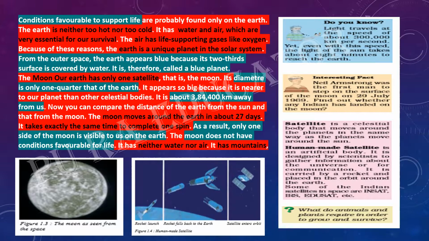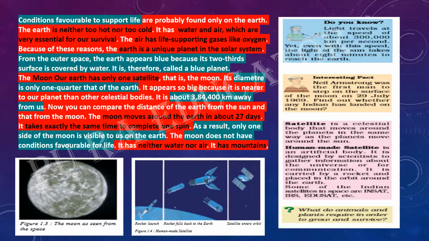Now friends, the question arises, why does only the Earth have life? The answer is, the conditions which are favorable to support life are present on the Earth. The first one is, the Earth is neither too hot nor too cold. It has water and air, which are essential for our survival.